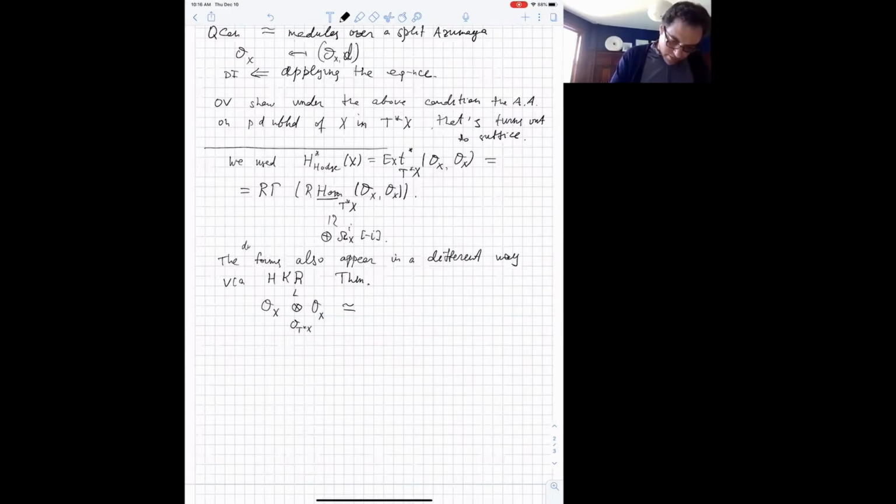So it will be the sum of Omega^i_X shifted by i, sitting in the negative degree.